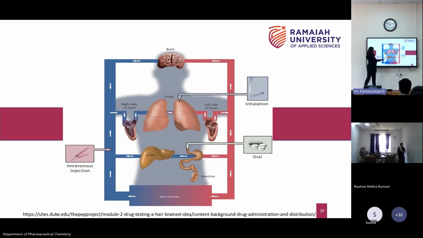Here it gets metabolized, and then it passes on. And if we are using inhalation, if somebody has asthma, the doctor will give them a pump or nasal drops. If we use a nasal pump, it goes directly to the lungs and acts. So that's how distribution occurs.